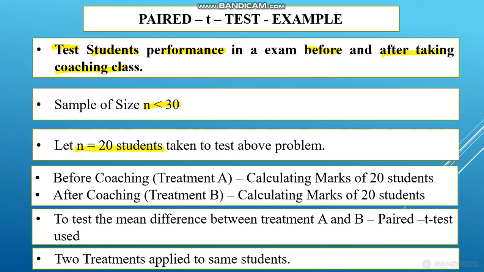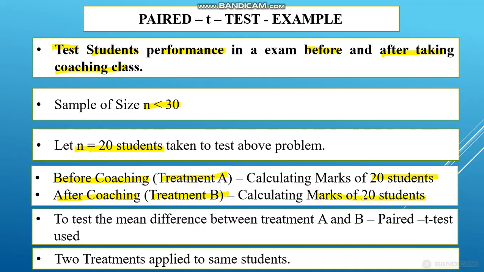The first treatment A is before coaching. So before coaching I am calculating the marks of 20 students. Similarly, after coaching, that is treatment B, I am calculating the marks of 20 students.